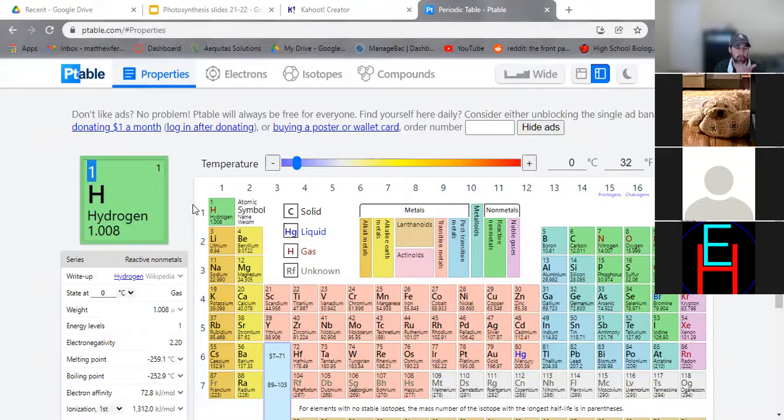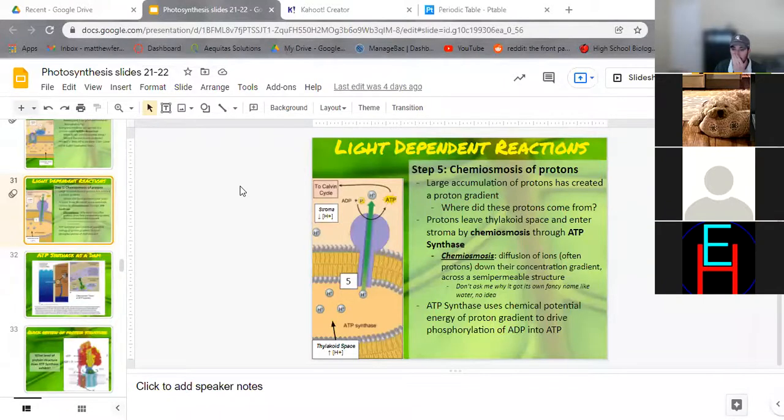Does that help now? Does that make more sense? A little bit. It's just confusing because when we do it in chemistry, it's not protons, it's hydrogen. So it's hard to make the connection, I guess. What do you mean it's not?